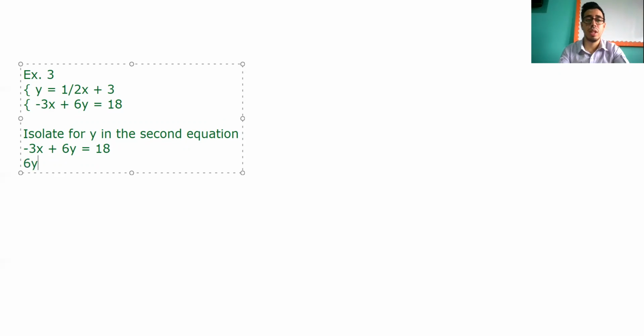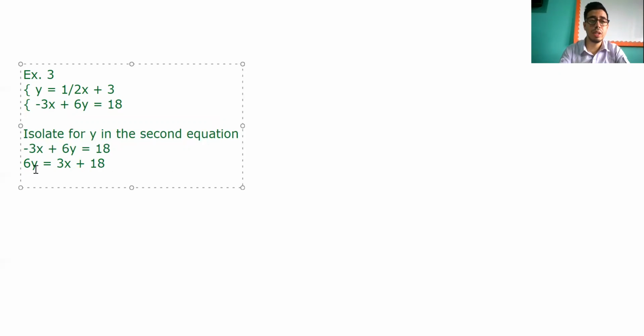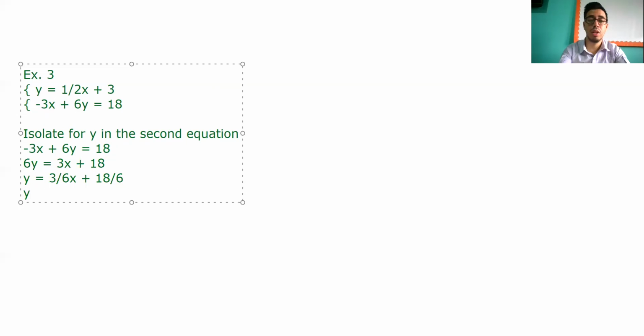Add 6y equal 3x plus 18. And now the 6 is multiplying, so I pass it to the other side to divide. And you can say that y is equal 3 over 6x plus 18 over 6, right?